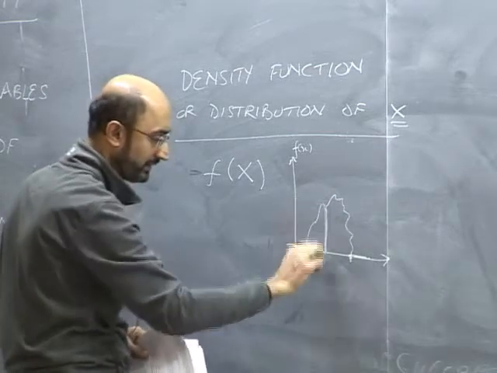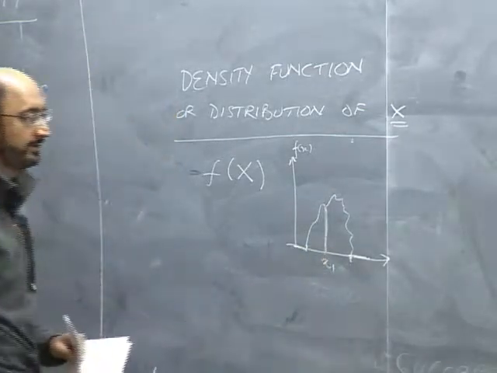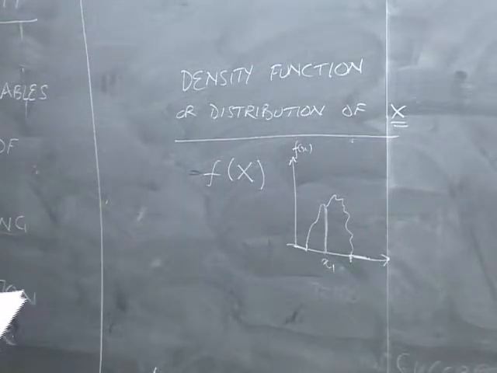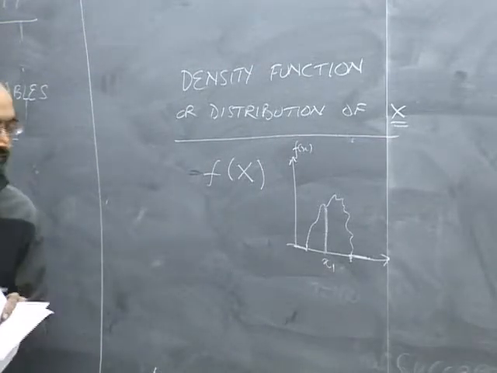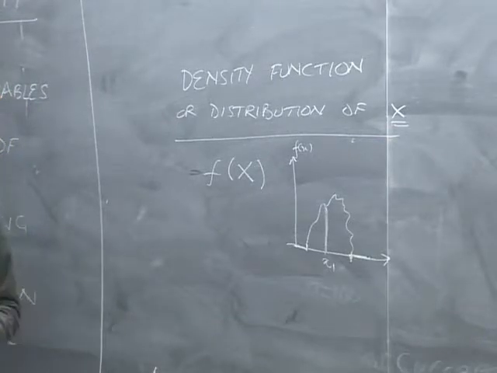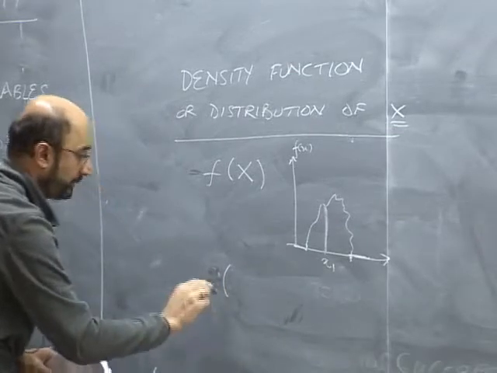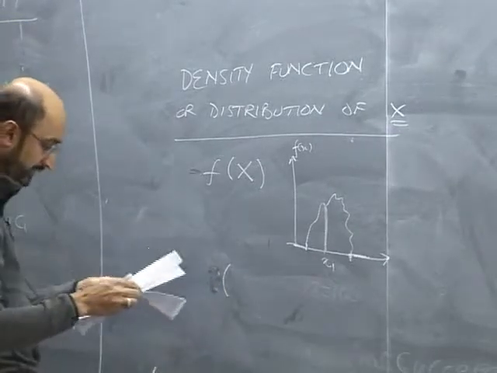if I take a small region around some value x1, then the probability that the random variable assumes a value in the range around x1, let me be precise over here.